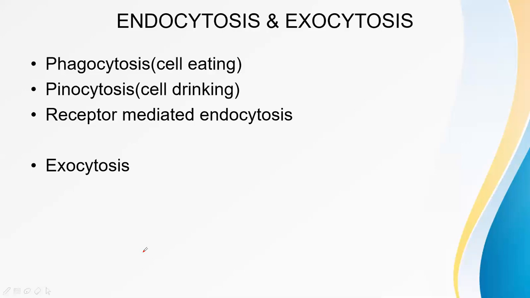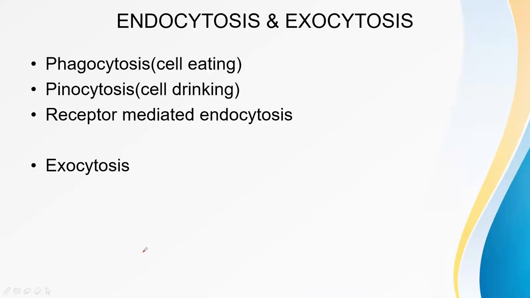Before that, you must remember endocytosis has three types: phagocytosis, pinocytosis, and receptor-mediated endocytosis. Phagocytosis we call cell eating, in which big or solid large particles enter inside the cell. In pinocytosis, dissolved large particles enter along with the water inside the cell. We call it cell drinking.